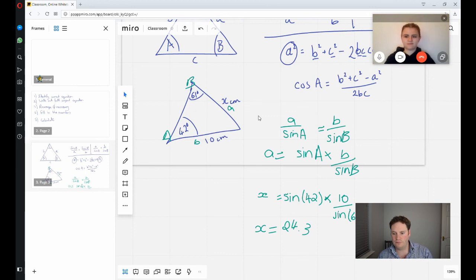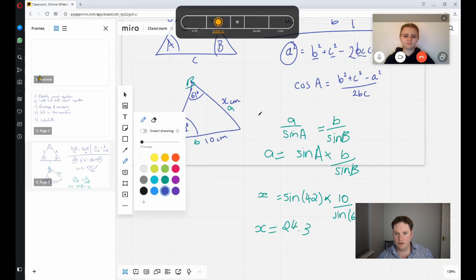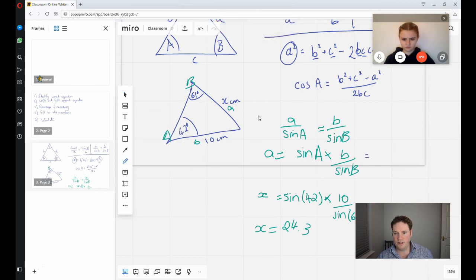Just as a point of interest, this here could have been written like this. Because sine A is times in it, it's making everything sine A times bigger. You could have written it like this.